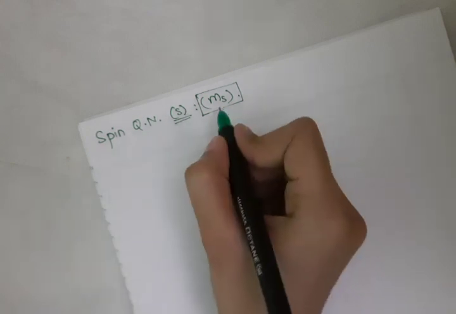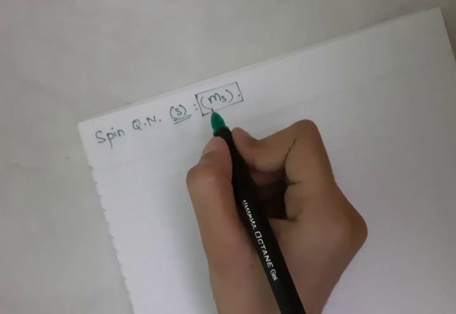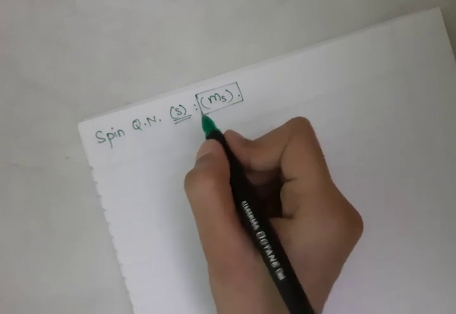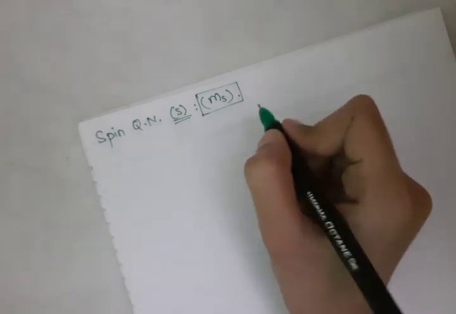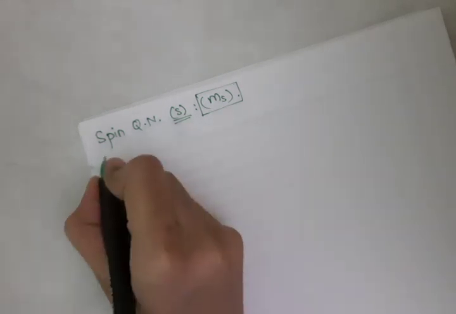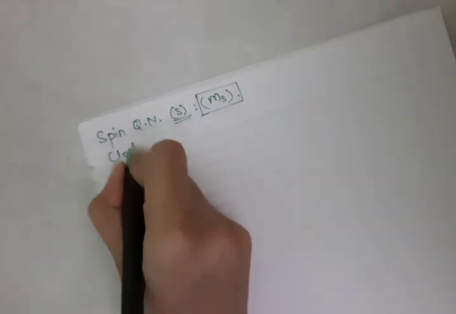It's very simple. It represents the spin of the electron. When electrons spin in the clockwise direction, it is represented by plus 1 by 2.